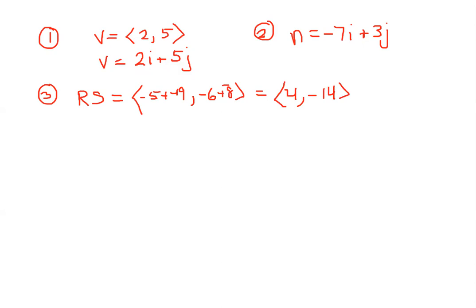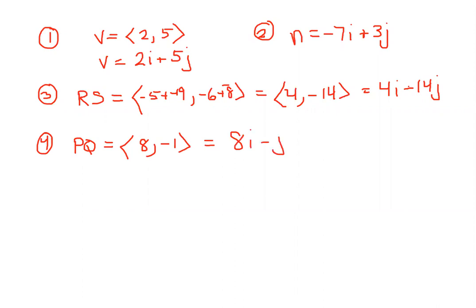And now we'll go the next step to write it as a linear combination of 4i minus 14j. And for number 4, writing it in component form, PQ becomes negative 2 minus negative 10, that's an 8. 5 minus 6 is negative 1. Writing it as a linear combination, 8i minus j.